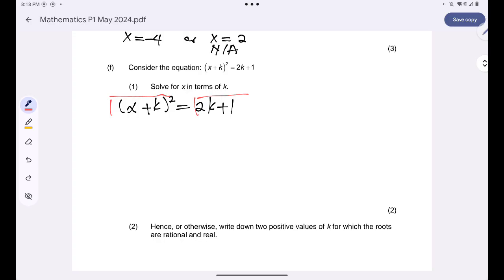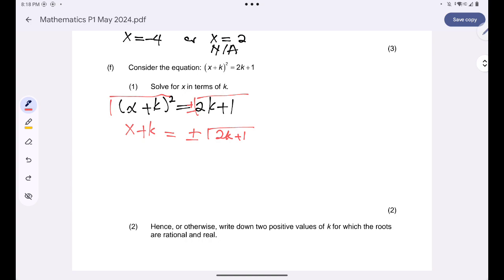But please remember that whenever I insert a square root on both sides, on the right hand side, I need to say plus or minus. Are we together? So this simply means that I'll have x + k is equal to plus or minus the square root of 2k + 1.